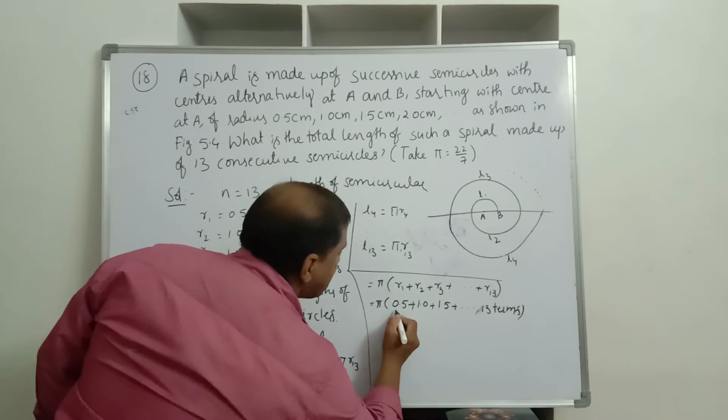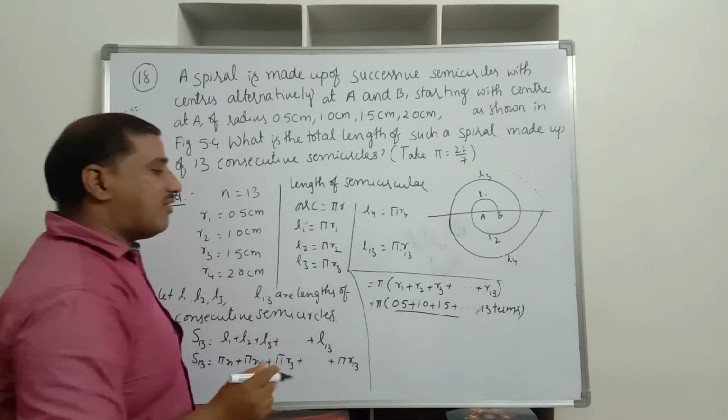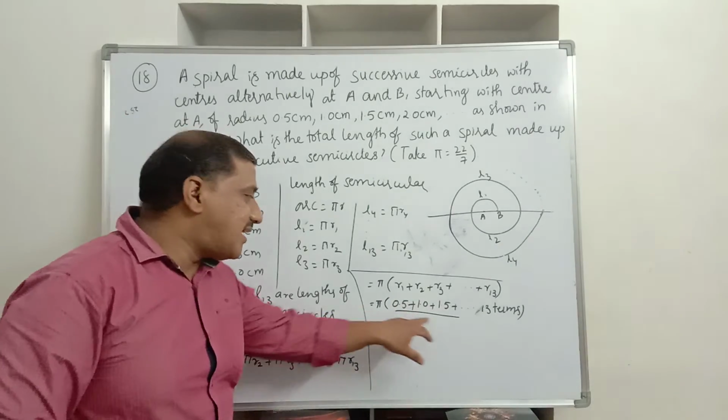Now if you observe 0.5, 1.0, 1.5 and so on, 13 terms, it is in an arithmetic progression.